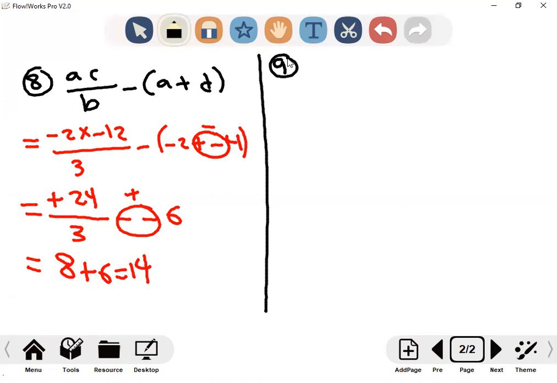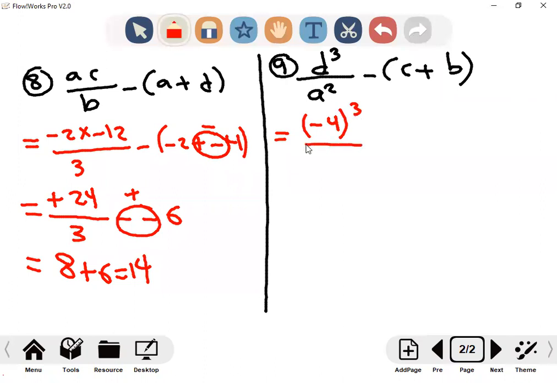Now question 9. We have D to the power 3 over A, minus B. D is negative 4, so negative 4 to the power of 3 over A, which is negative 2, negative 2 to the power of 2, minus C which is negative 12 plus B which is 3.